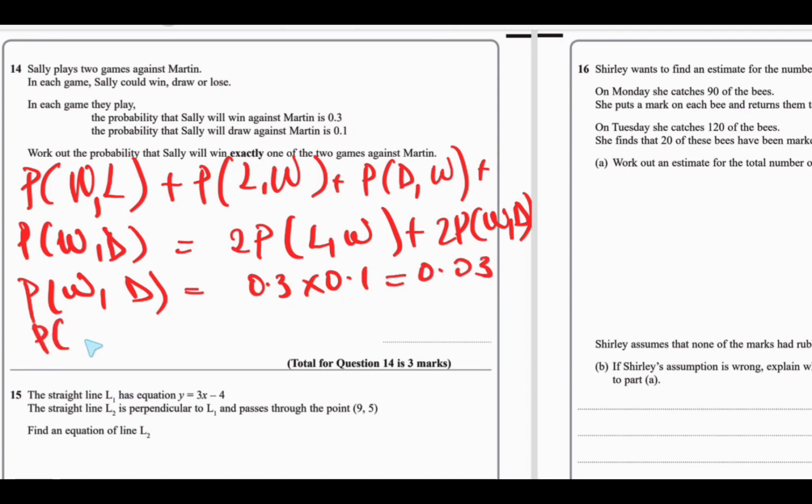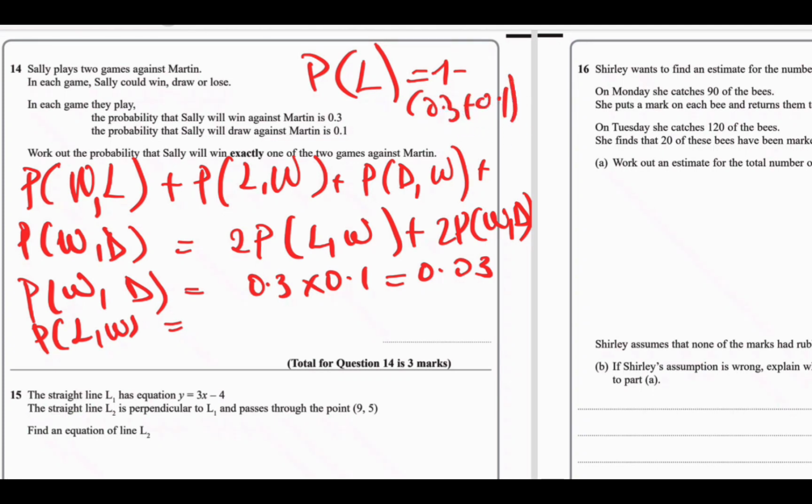And then for losing and winning, they didn't give us a probability for losing, so we know that probabilities all add up to 1. So the probability for losing would be 1 minus 0.3 plus 0.1, and that would be equal to 0.6.